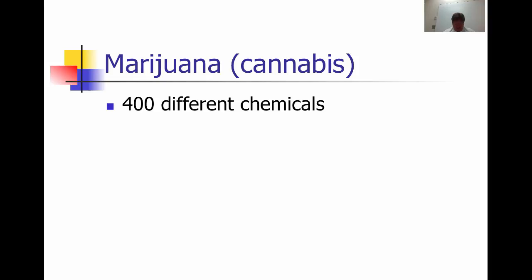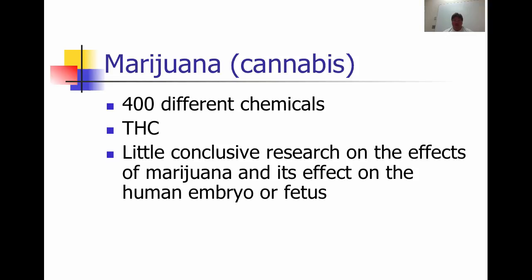Cannabis or marijuana is a mind-altering drug composed of more than 400 different chemicals. And the one we talk about most is THC. And interestingly, there's been little conclusive research on the effects of marijuana on the human embryo or fetus. So even though there's tons of research out there telling us about the negative effects of alcohol and tobacco during pregnancy, there's little conclusive research showing that marijuana has any kind of effect on the human embryo or fetus.